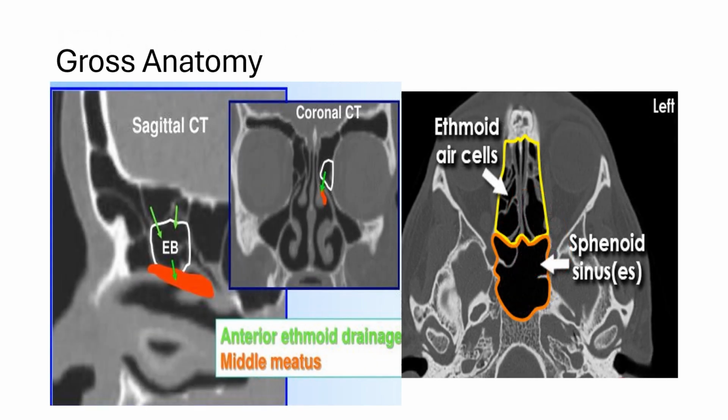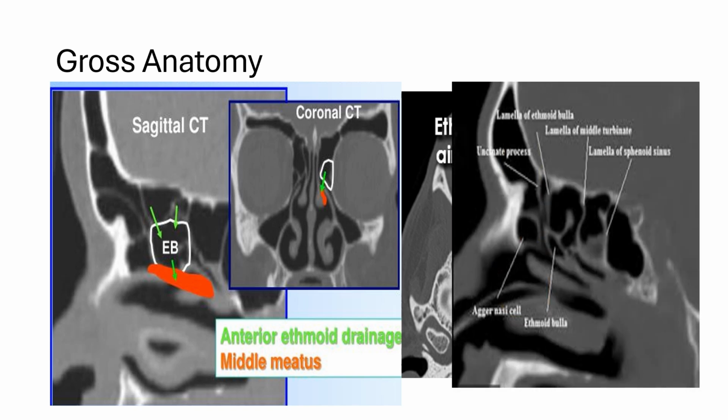Ethmoid air cells are a collection of 3 to 18 air cells or pneumatized cells separated by bony septa. These are the bony septa separating the ethmoid air cells, and they lie within the labyrinth of the ethmoid bone. They are separated into anterior and posterior groups by the basal lamella.